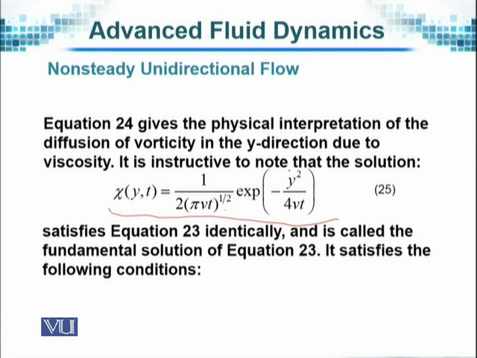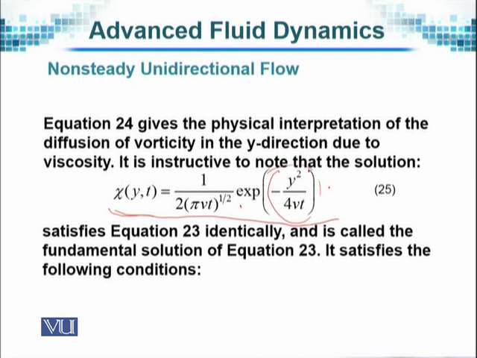So you can see that the solution is dependent on this part, exponential e to the power minus y square over nu t times some constant, of course. That doesn't make much difference.